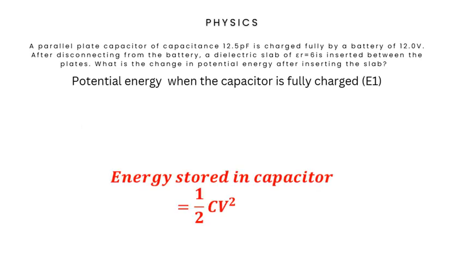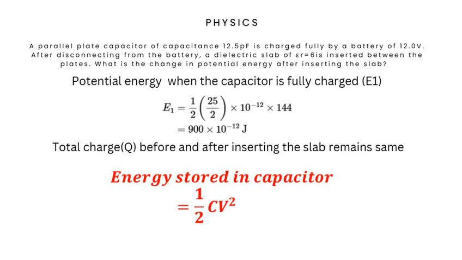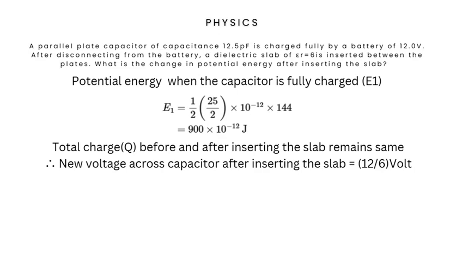Let us calculate the total electrical energy stored in the capacitor when it is fully charged by a 12 volt battery, equal to E1, which is equal to half CV square, equal to half into 25 by 2 multiplied by 144, which is equal to 900 times 10 to the power minus 12 joules. Total charge Q before and after inserting the slab remains same.